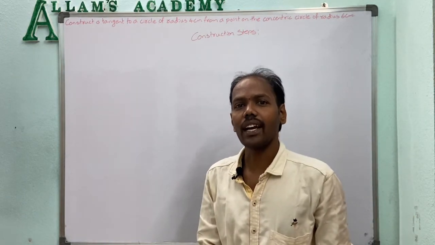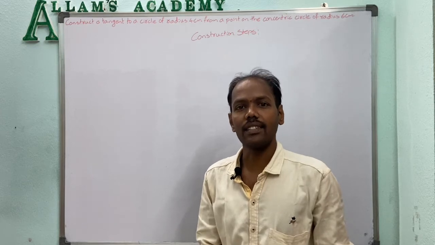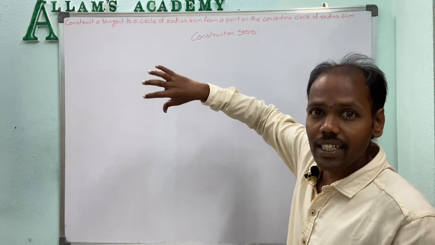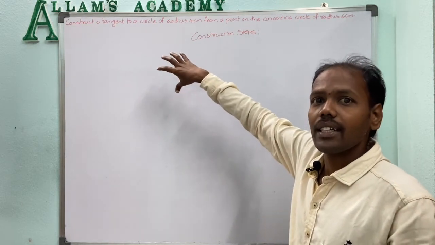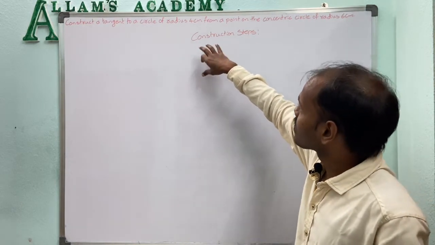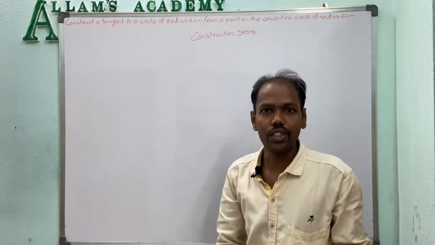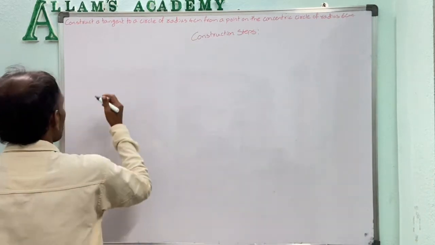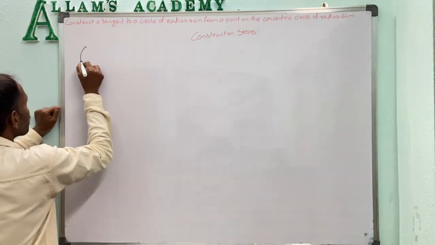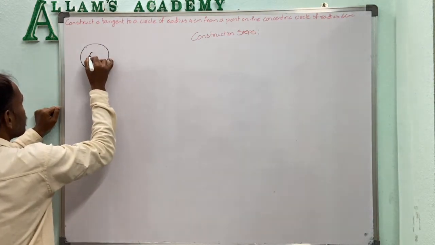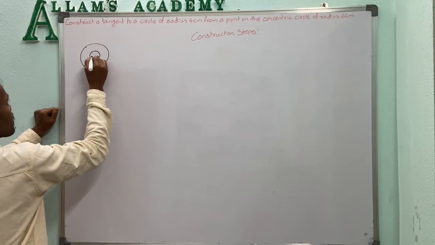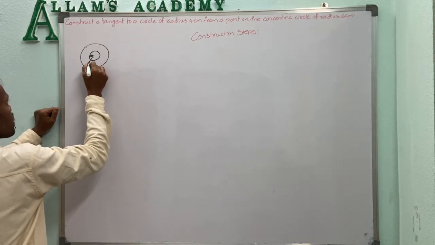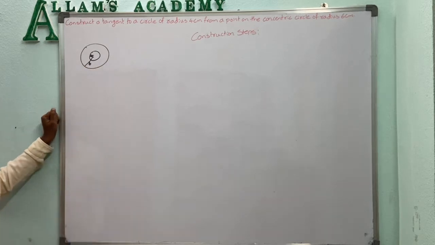The tangents from the 6 centimeter circle touch the smaller circle of radius 4 centimeters. If we observe the rough diagram, we draw two circles with 4 centimeters and 6 centimeters as radii.